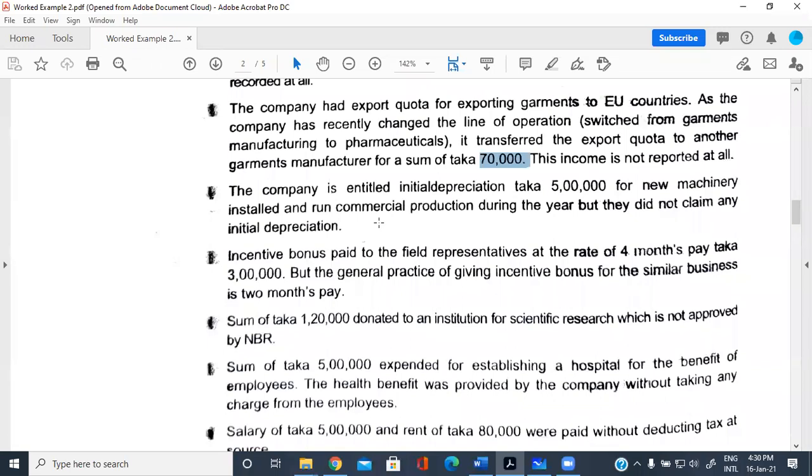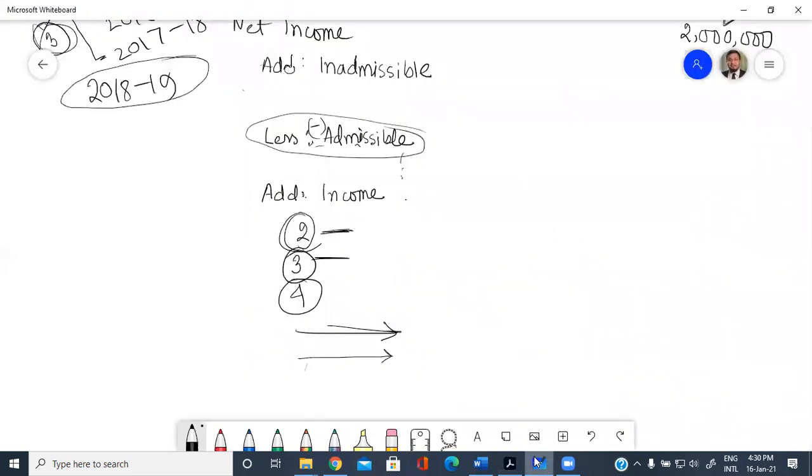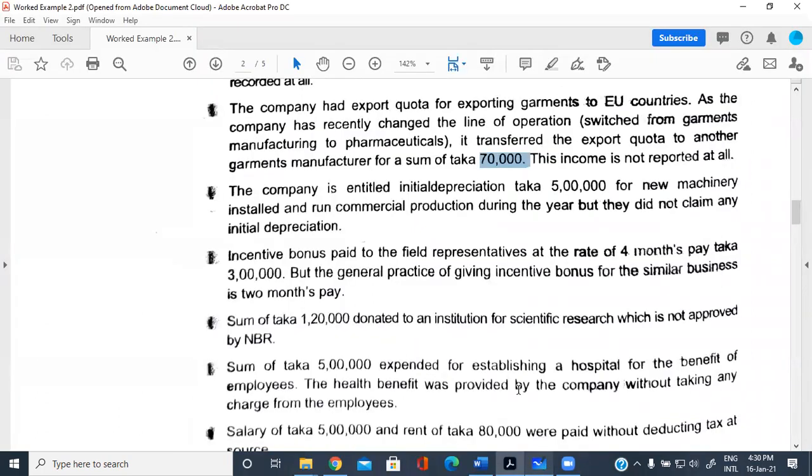It is admissible, right? But we have not charged. Yes, sir. In that case, we need to add it here as admissible expenses, given that this depreciation is within the limit of the depreciation allowed by the tax standard.